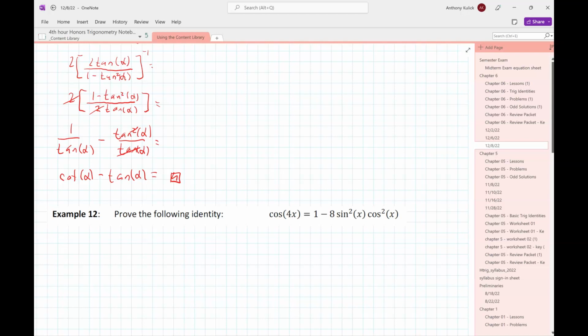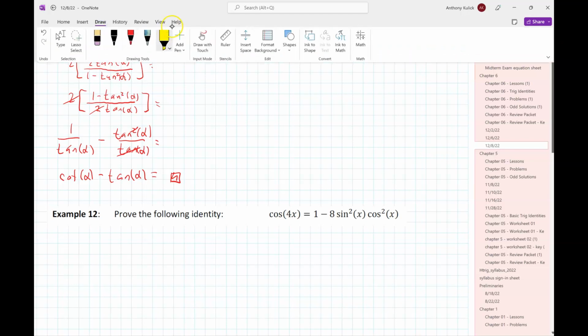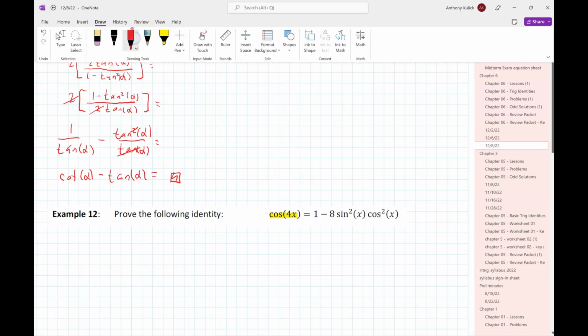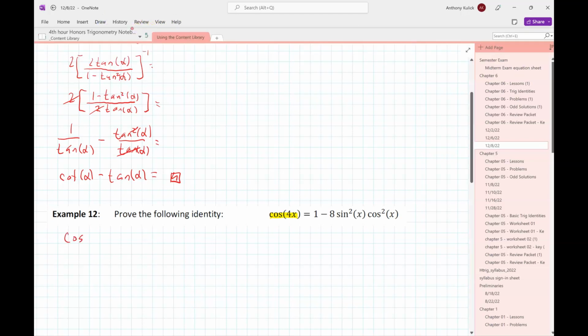So next up, again, I would start on the side where the identity is easily observable. So now I could use cosine of 4x. I'm going to think about this as cosine of 2 times 2x, because I want to use one of my double angle identities.